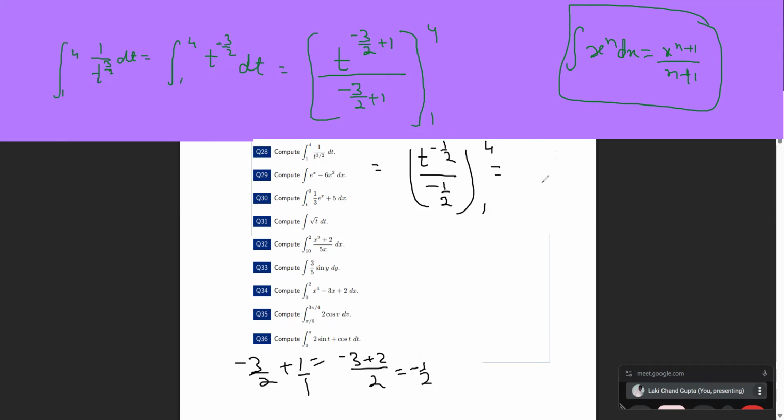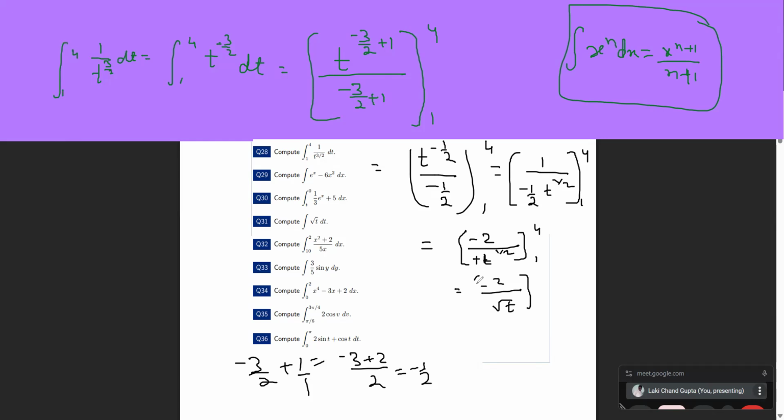Any number whose power is negative can also be written in the denominator, right? And minus 1 by 2 shifted to the right side, minus 1 t half. T half is basically what? Root t, right? Now first we put the upper limit.